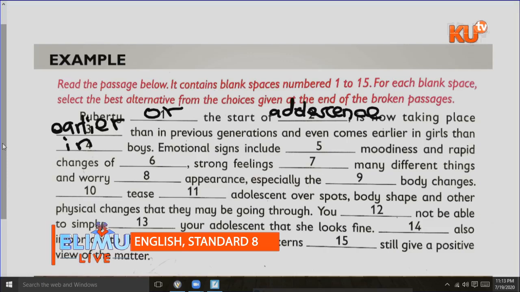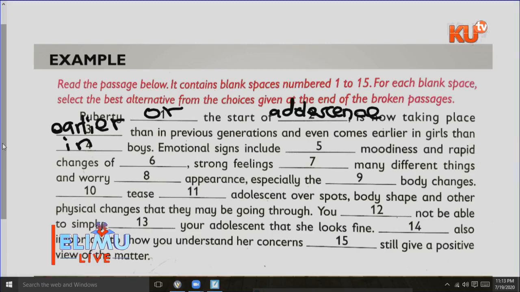So the answer there is comes earlier in girls than in boys. You've even been given a clue there, which is earlier in girls. So it is comparative. That informs your choice for earlier in question 3.